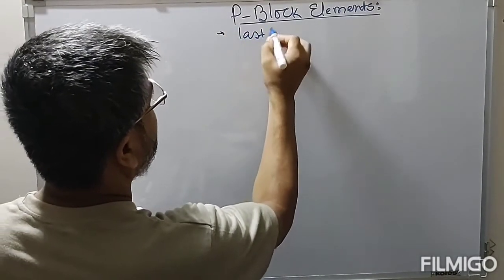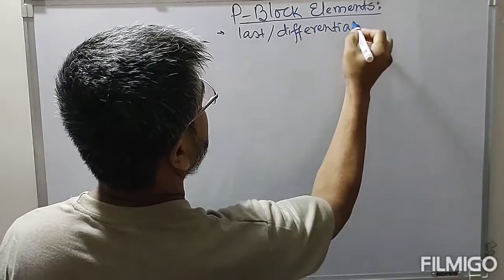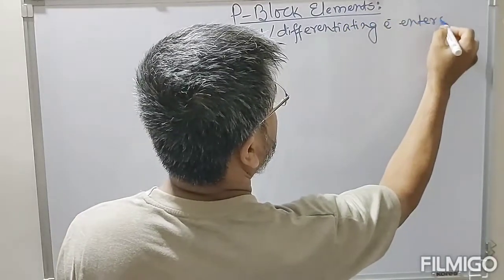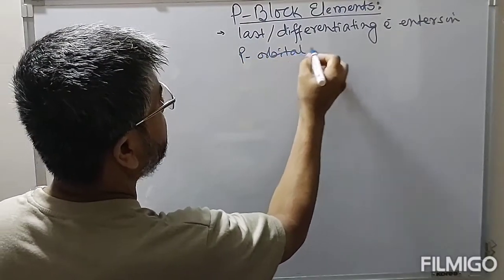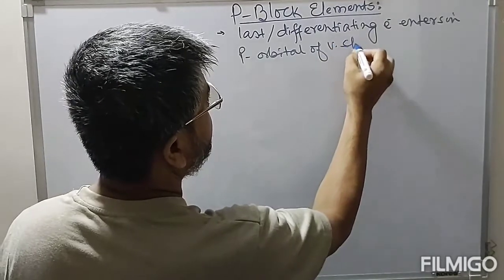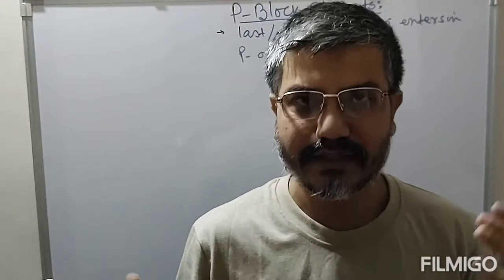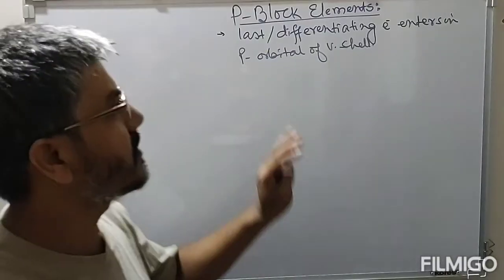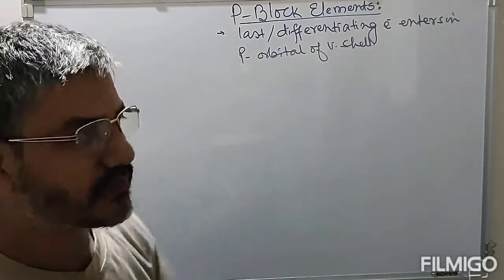So, when writing electronic configuration, the last electron, if this is entering in p orbitals of the valency shell, then those elements are known as p block elements.